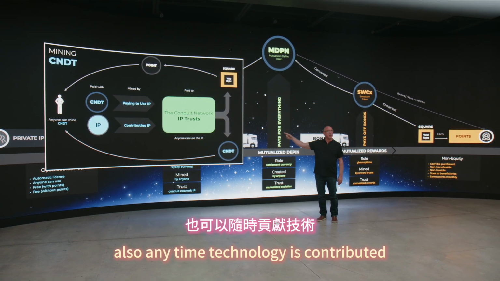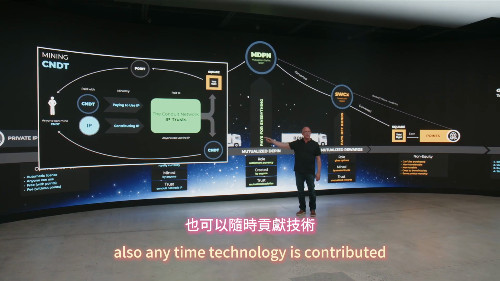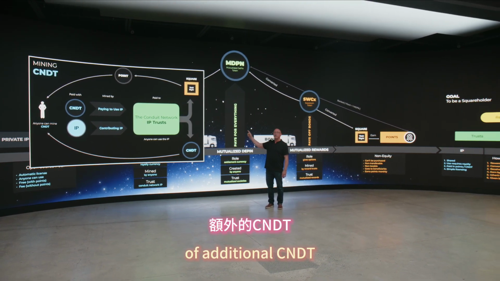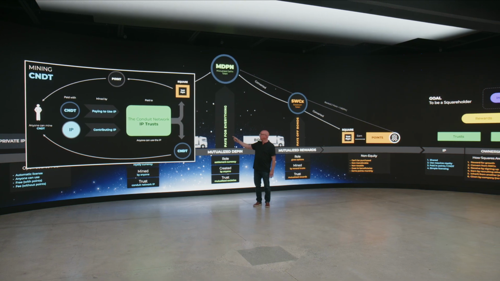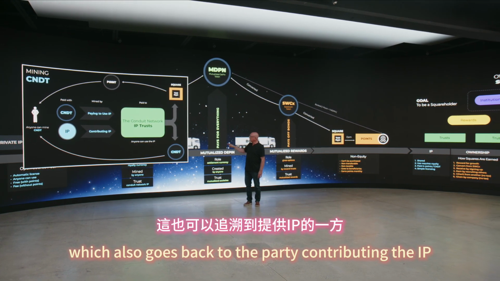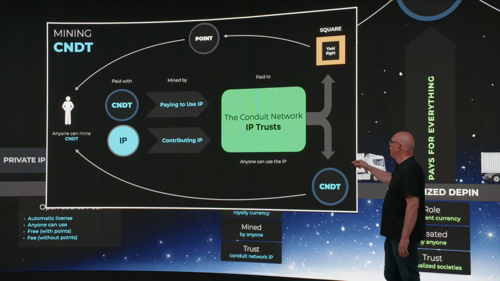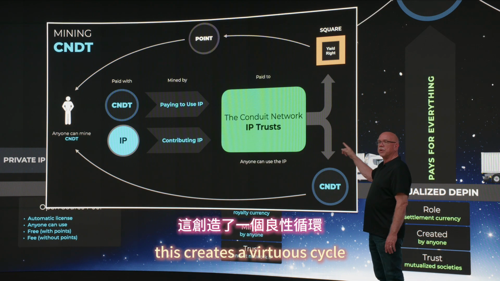Also, anytime technology is contributed, the value of that technology causes mining of additional CNDT, which also goes back to the party contributing the IP. This creates a virtuous cycle.